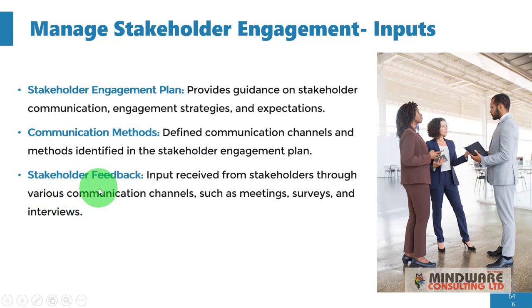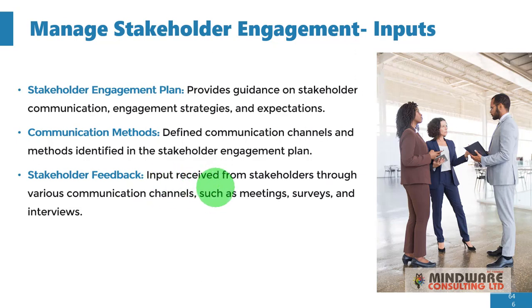The next is stakeholder feedback. This also serves as input, so that's why you need to have a system for collecting feedback from your stakeholders. We'll call it user generated content. That serves as input for managing your stakeholder engagement.